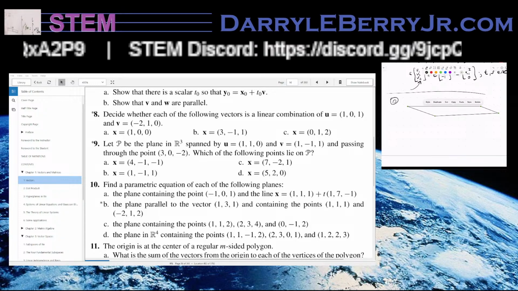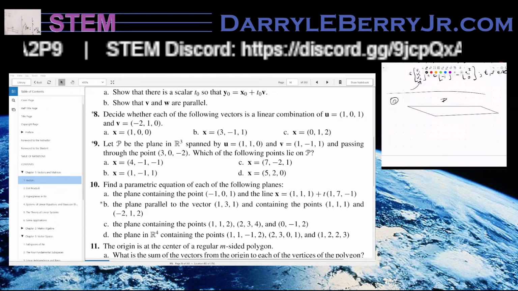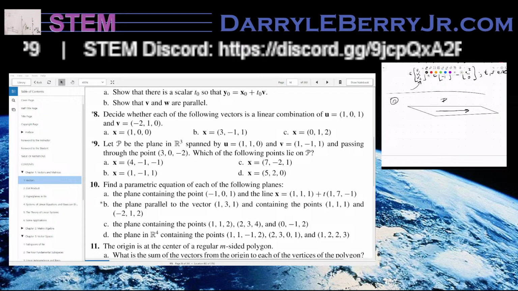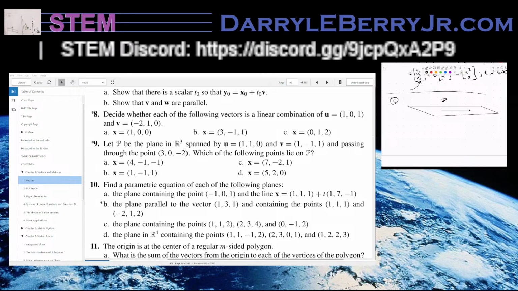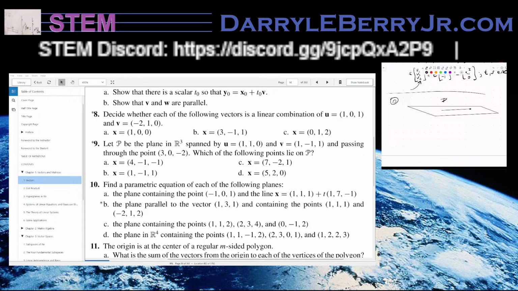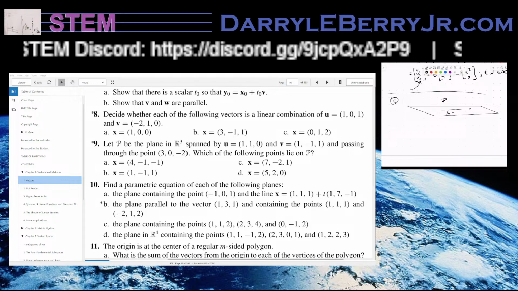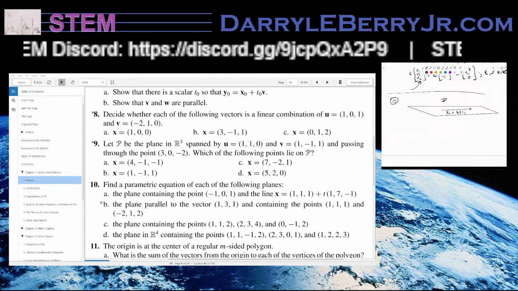We have a plane P, the plane parallel to vector 1, 3, 1. So somewhere on this plane, we don't necessarily know that the vector without some kind of X0 is in the plane. We could say X0 plus T 1, 3, 1 is in the plane.